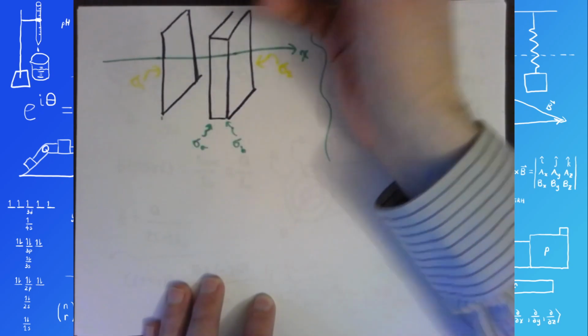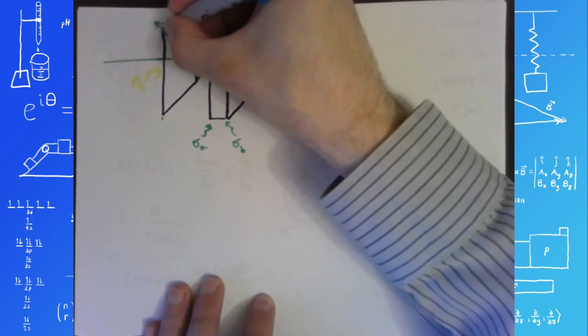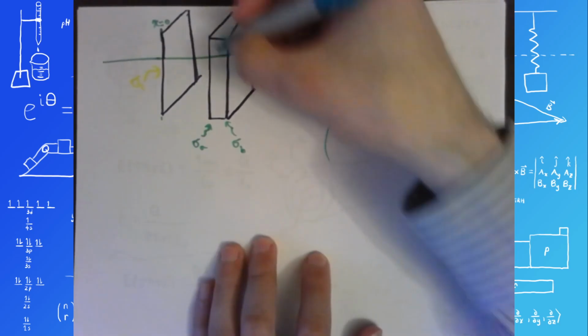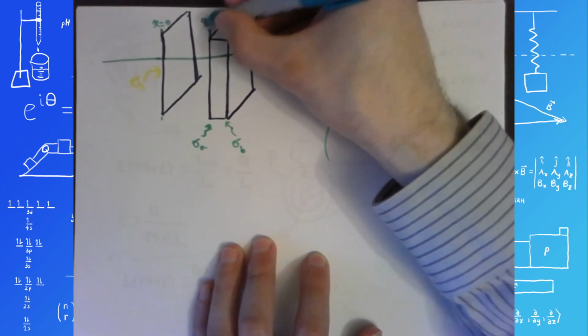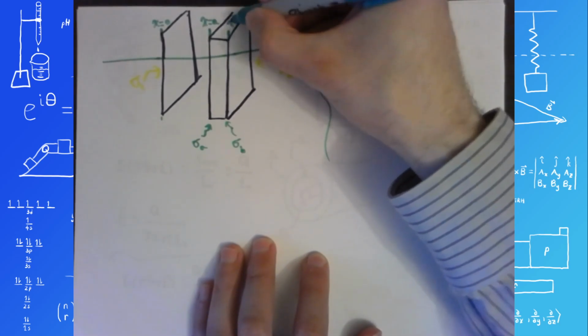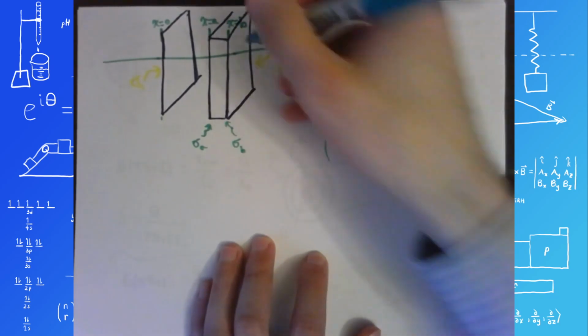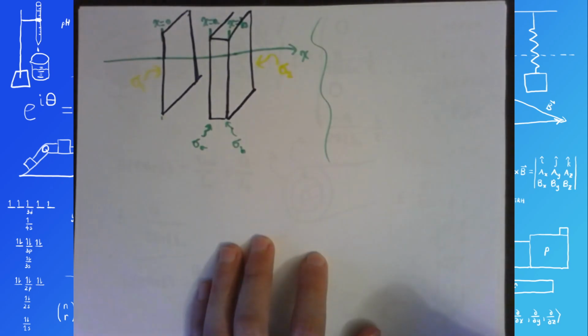I'll write it up here. X equals 0, right there. This is x equals a. This is x equals b. And then that's greater than b.